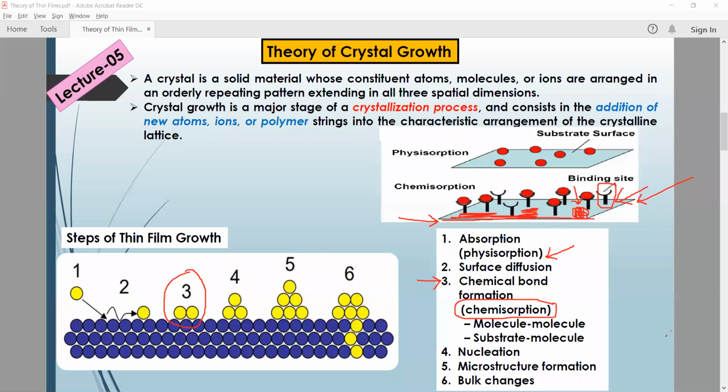During the chemisorption process, all the atoms, all the molecules, all the ions, or all the external crystal, whatever we want to deposit onto the substrate, can bind onto the binding site. This is the binding site. I already showed this is the binding site.